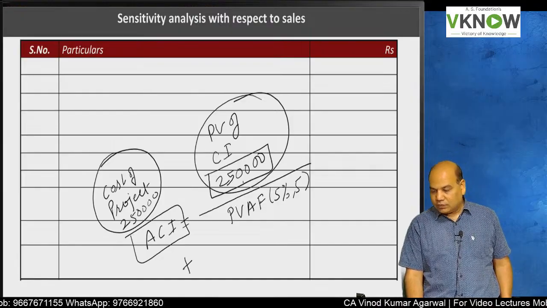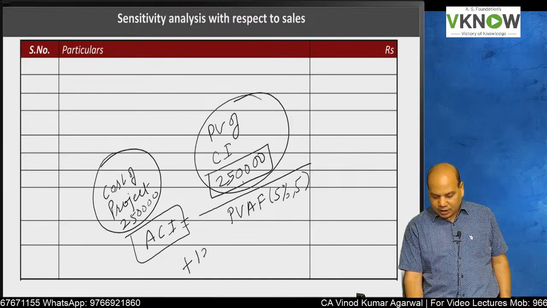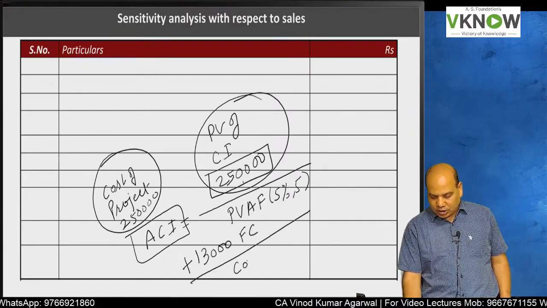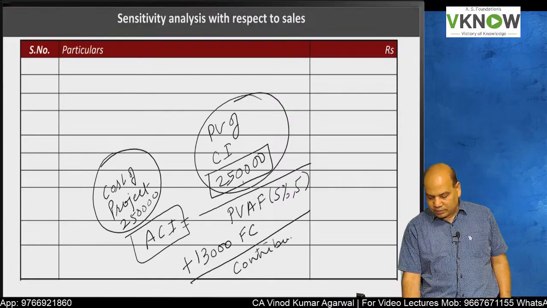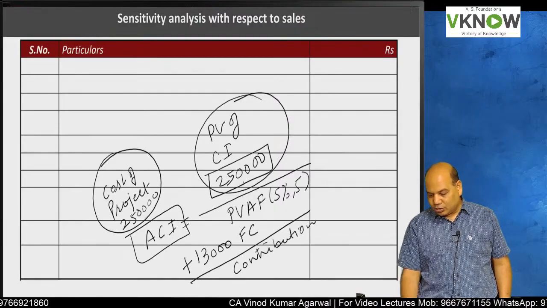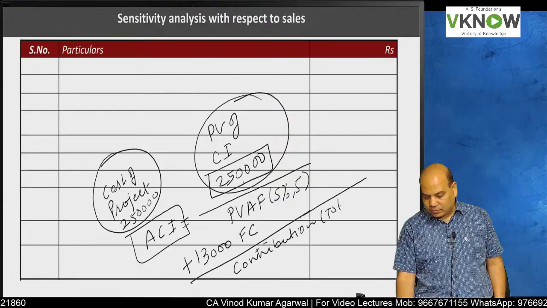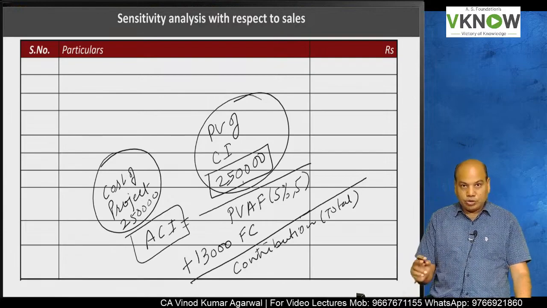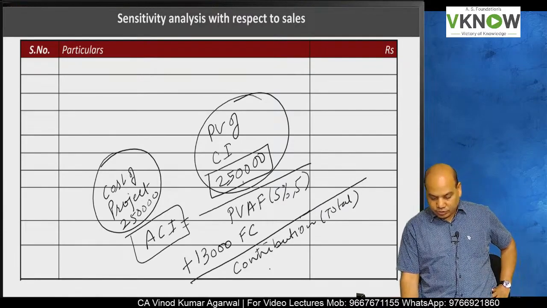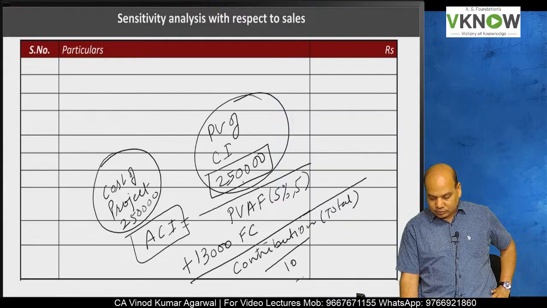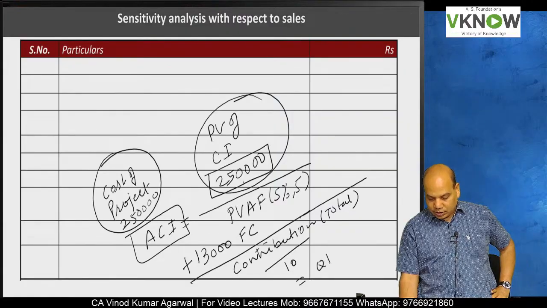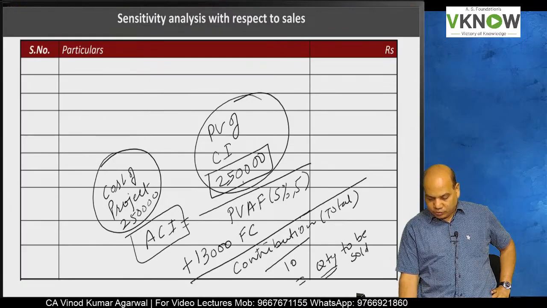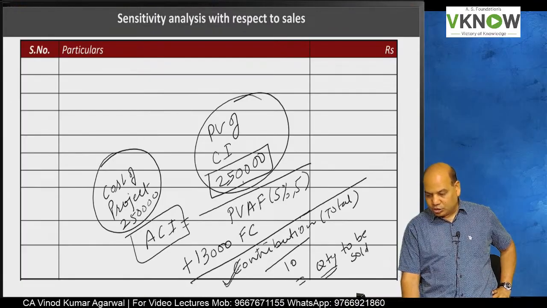To the annual cash inflow required, if I add 13,000, which is fixed cost, I will get total contribution required. We have seen in the earlier calculation, the contribution is 10 rupees per unit. So if I divide by 10, I'll get quantity to be sold, so that we will get this much contribution.